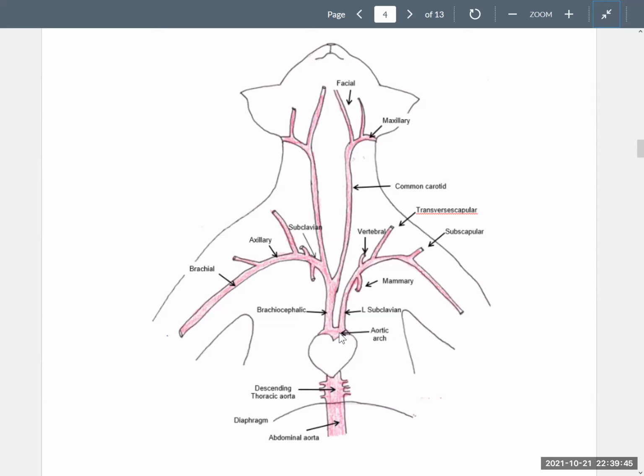The cat only has 2 vessels coming off. It's obviously got to get blood everywhere. So there's going to have to be another alternative. Okay. The 2 vessels coming off, the first one is still the brachiocephalic. Okay, let's follow it up until it splits right here.